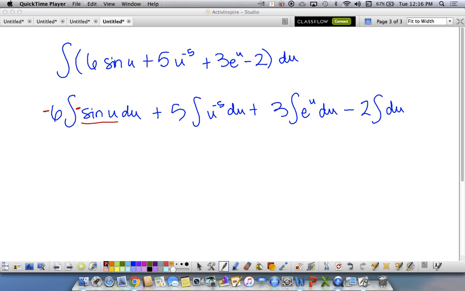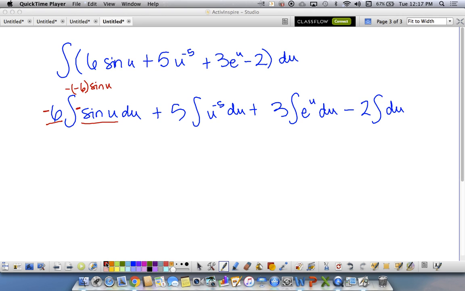That was that negative 1 and the negative 1. Okay? So before I pulled it up, I had negative of a negative 6 sine u. That's what I've done. And I've pulled out the negative 6, and I left one of the negatives inside. Okay? That's the only tricky part with this problem. Okay? When you have that integral of sine.